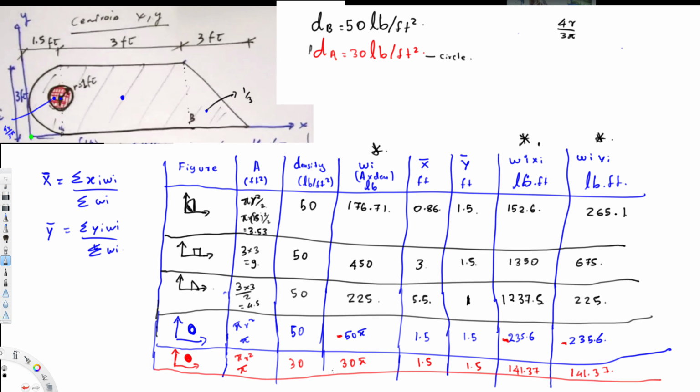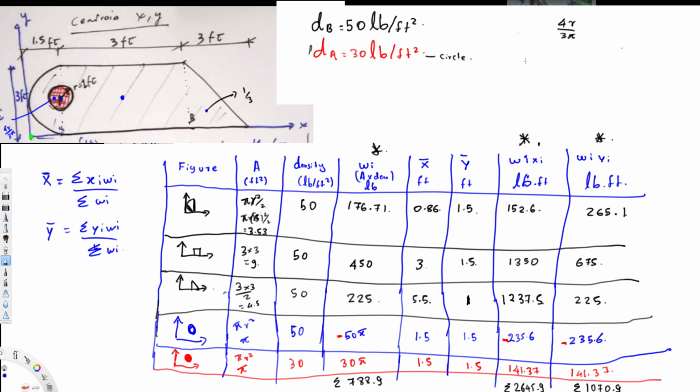If I add these together, I will get sigma wi of 788.9, this one comes out to be sigma wi xi of 2645.9, and the other one here comes out to be sigma wi yi of 1070.9. So these are the three pieces of information we need, and now we can calculate the values.